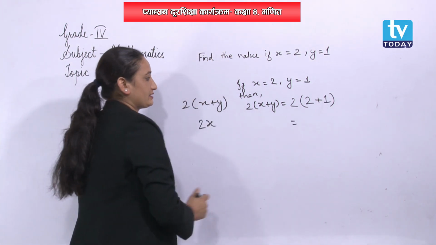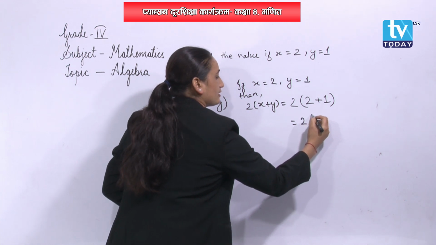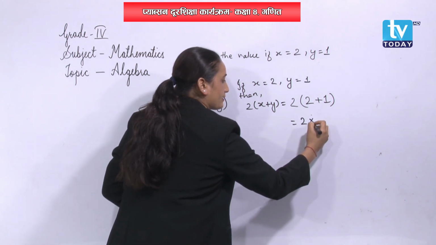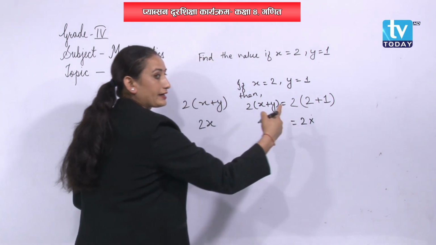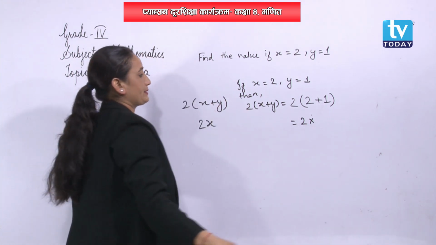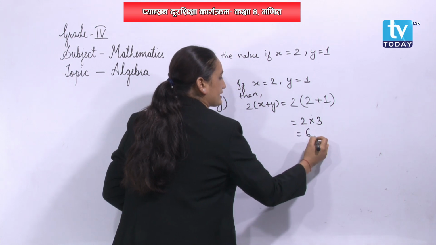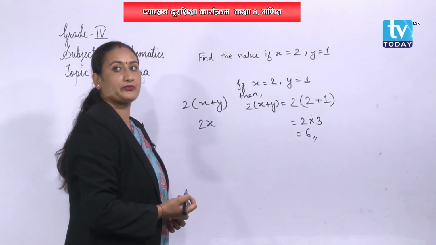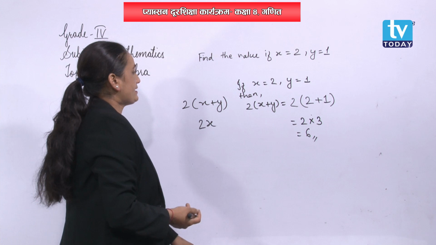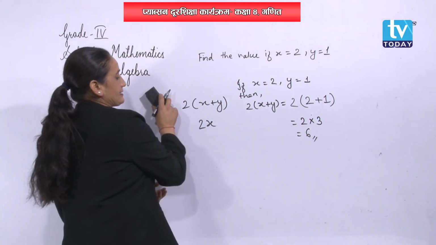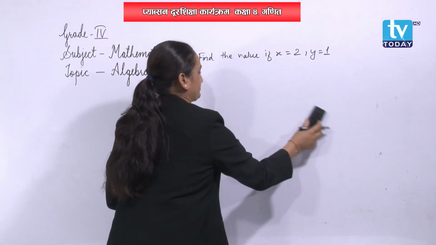So, student, 2, let's put, or you can put here a multiplication sign, because outside of a bracket there will always be a multiplication sign. 2 plus 1 is 3. 2 times 3 is 6. Can we write it like this way? Okay. Now, student, next is 2x.